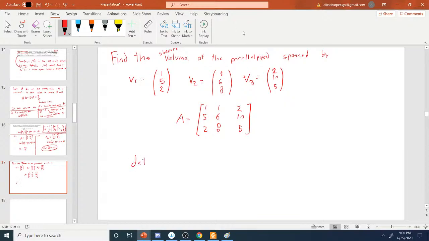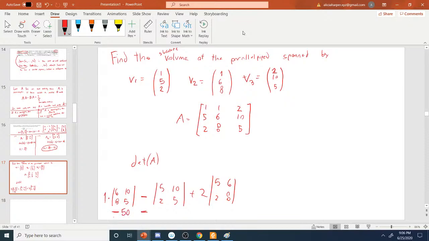One way to compute the determinant of A is via cofactor expansion. So I'm going to cofactor expand along the first row, which will be 1 times the cofactor 6, 10, 8, 5, minus 5 times 2, 10, 5, and then plus 2 times the cofactor 5, 6, 2, 8. So here, this is 5 times 6, so 30 minus 80, so negative 50.